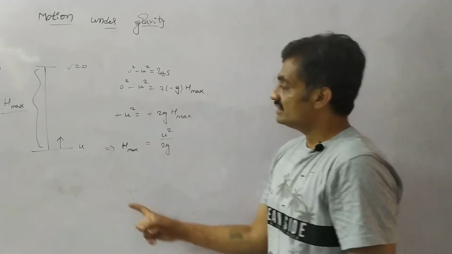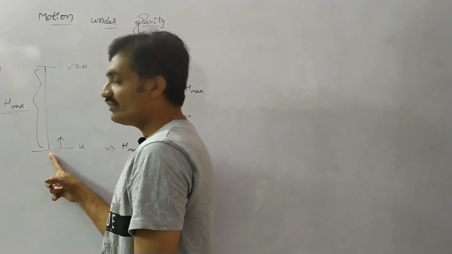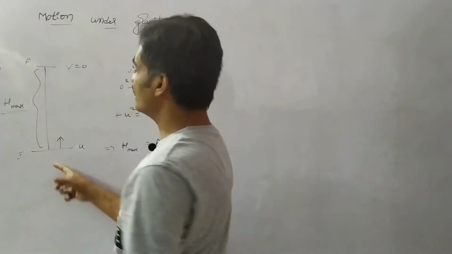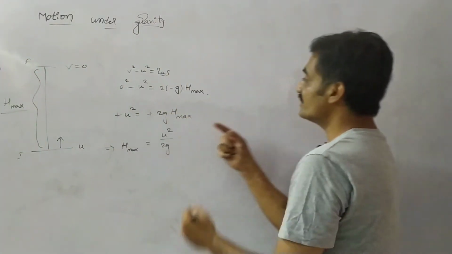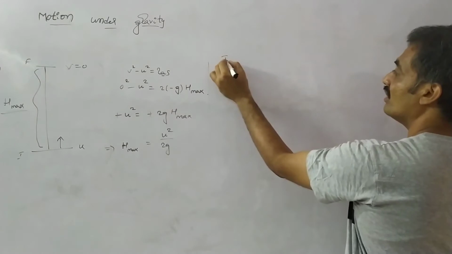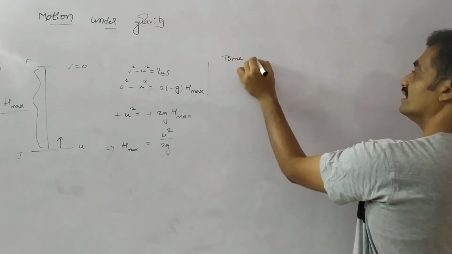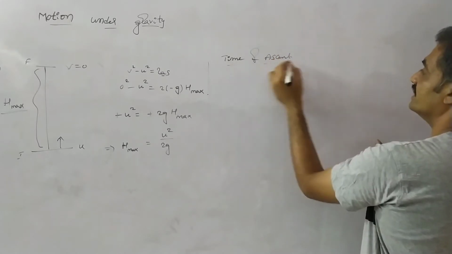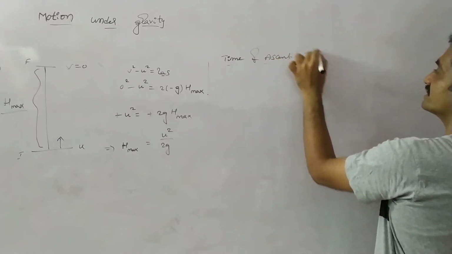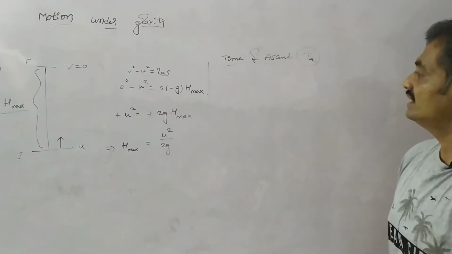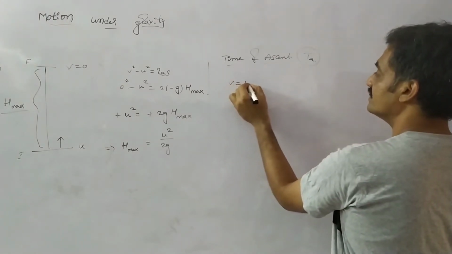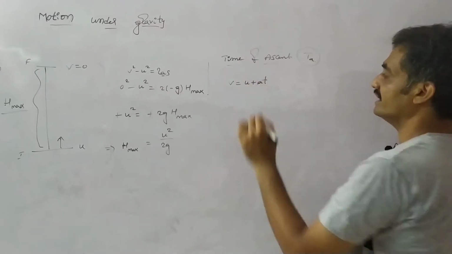So here, as you observe, in order to travel from the initial position to the final position, the body requires some time, and it is represented as the time of ascent. The time of ascent is represented as t suffix a. In order to find this, we consider the equation v equals u plus at.